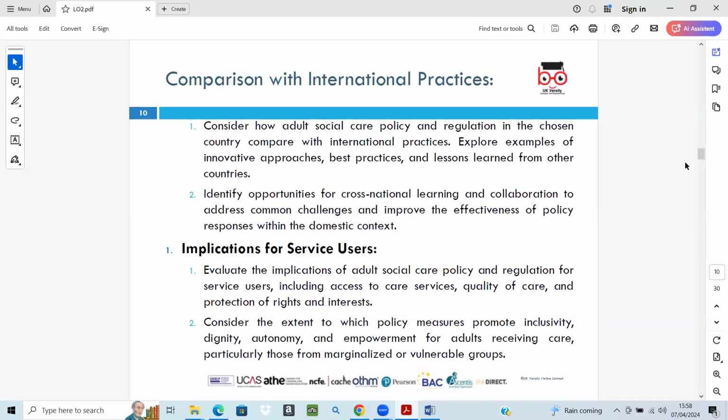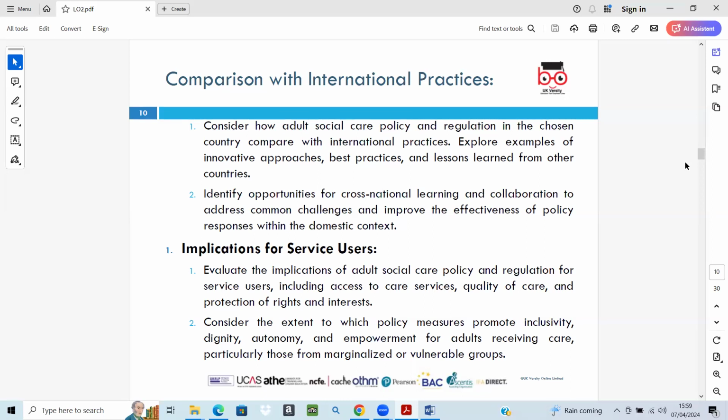So Japan and Sweden are examples of the use of technology and the integrated care model. And we need to consider how cross-national learning and collaboration can help address common challenges such as an aging population and evolving care needs. Then what could be the implications for service users?